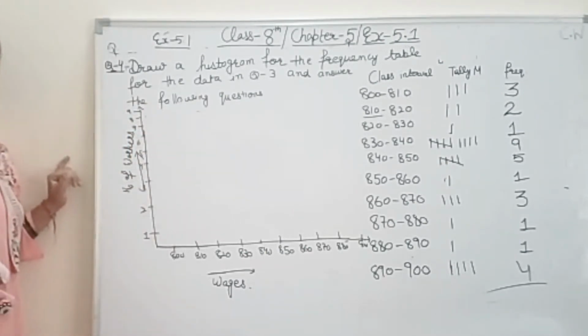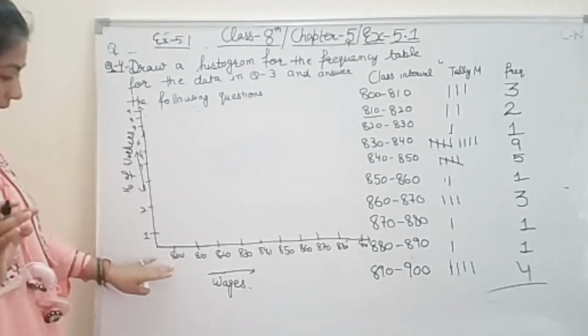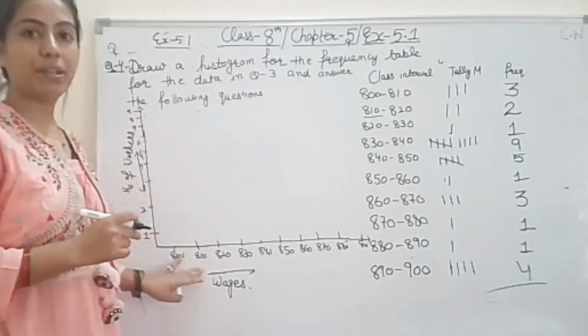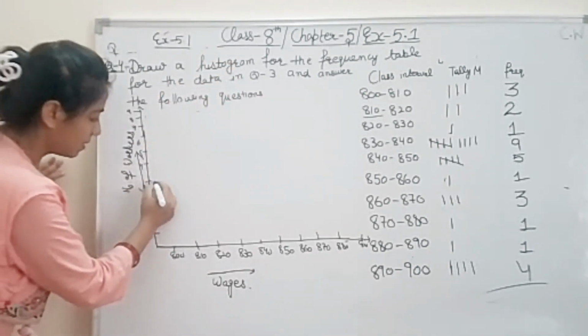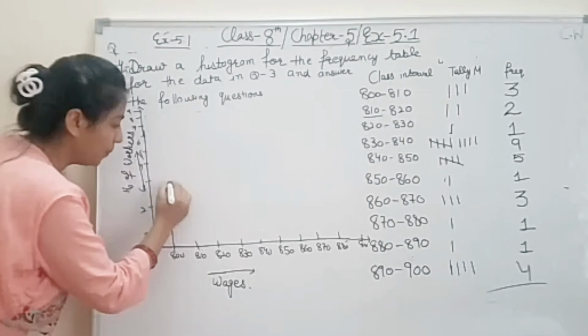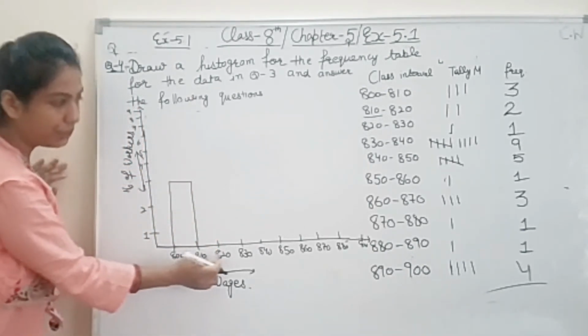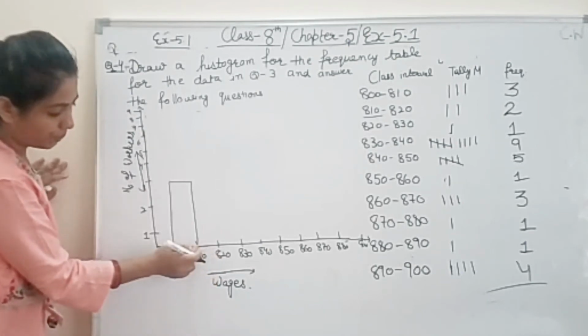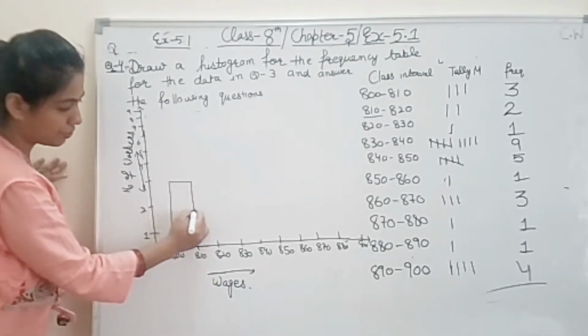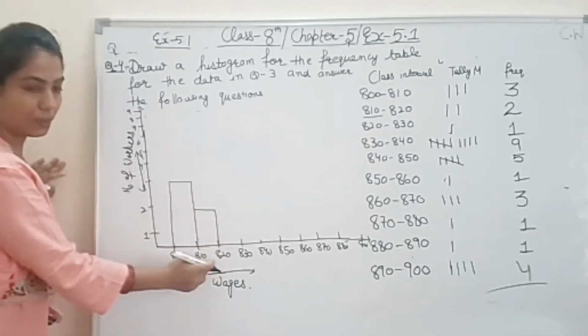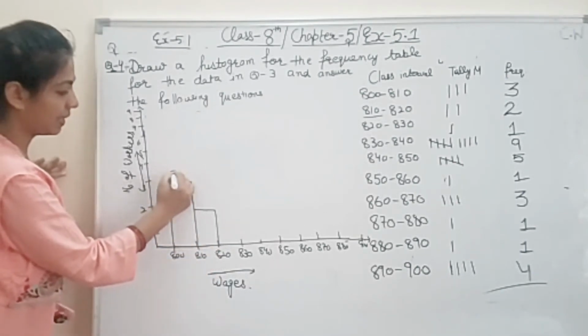Right, student? Now you have to make a histogram. 800 to 810. We have number of workers 3. So this is 3. 800 to 810. Fine, student. Now 810 to 820. There are 2. So 810 से start करेंगे. It is 2. 810 to 820. Right? 3 and 2.